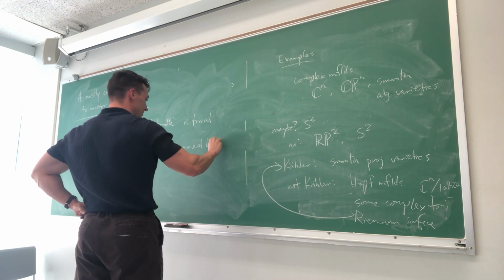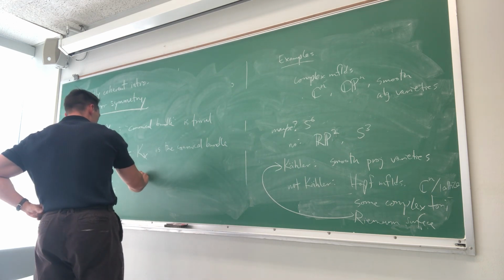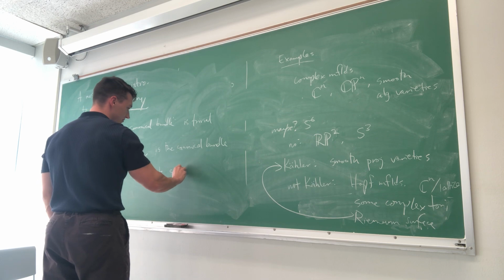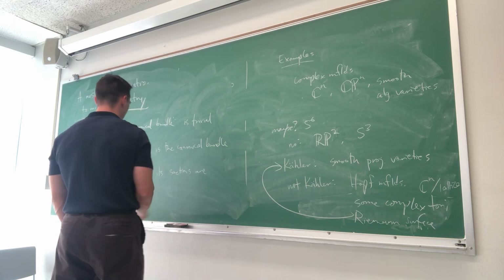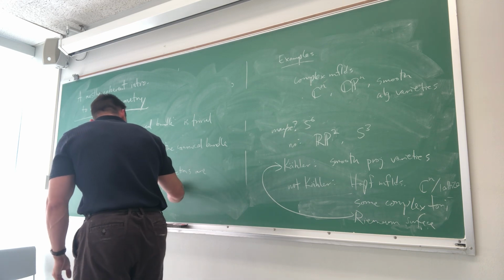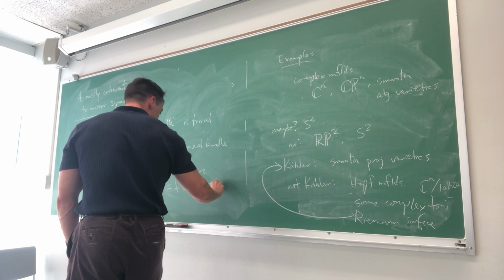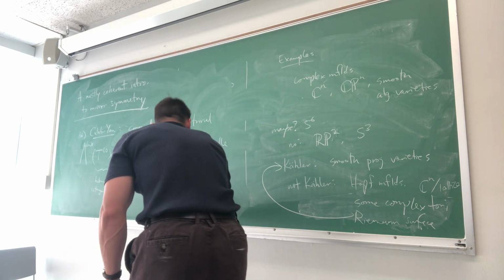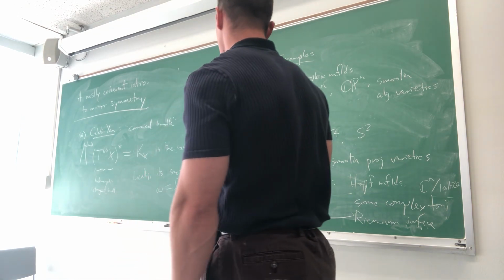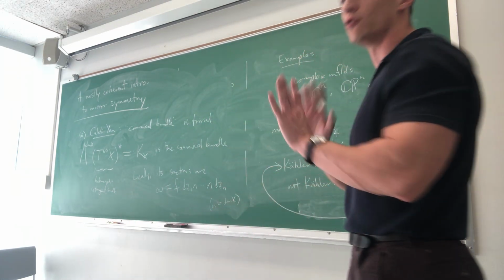One way to think about it is that locally, its sections are holomorphic volume forms, things that look like f dz1 up to dzn, where n is the dimension here, and z1 through zn are some kind of local coordinates.